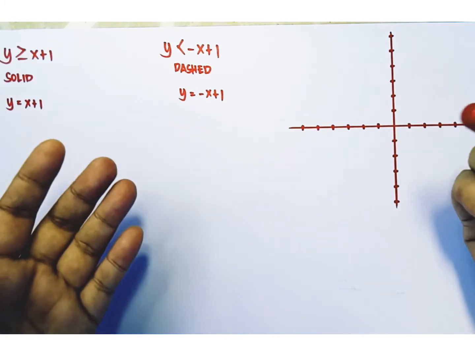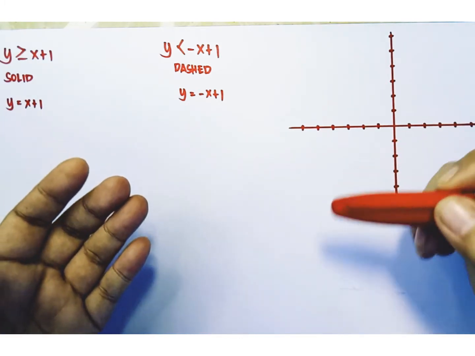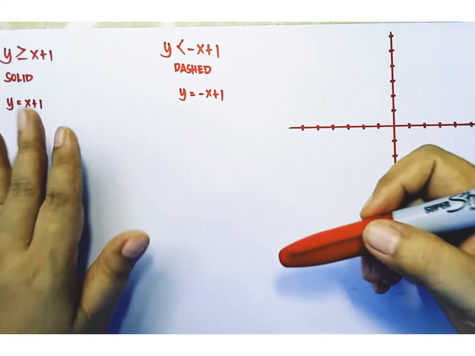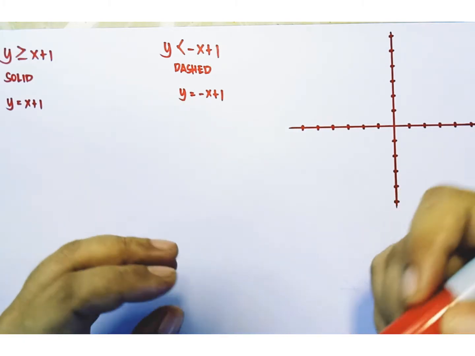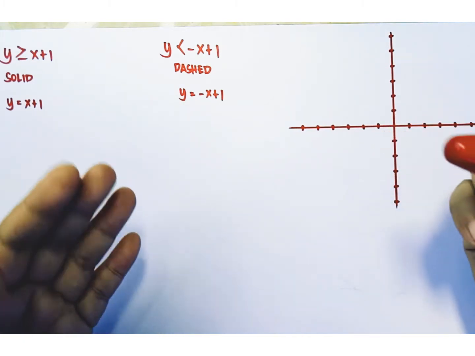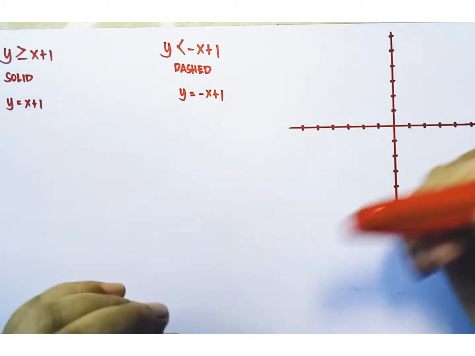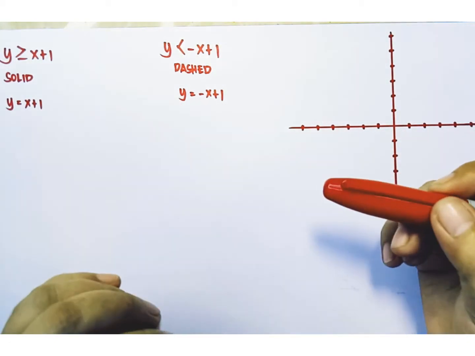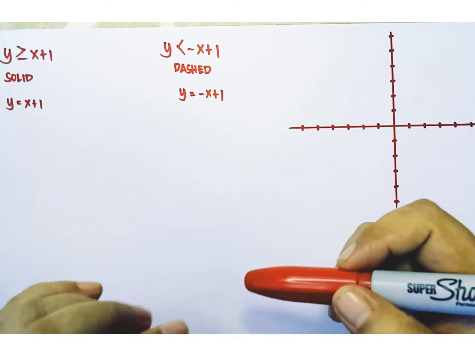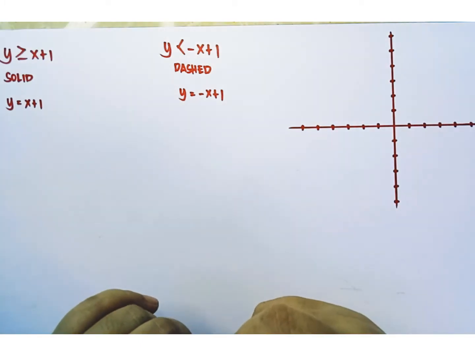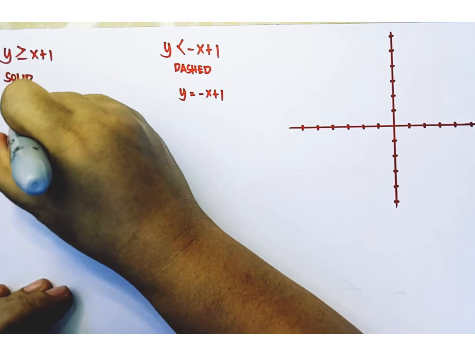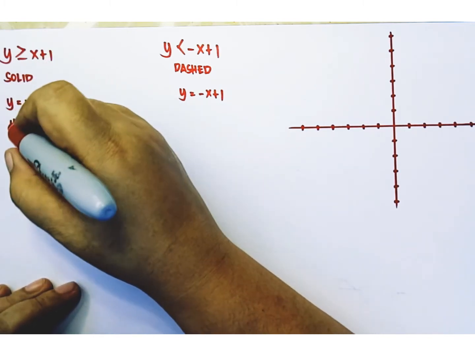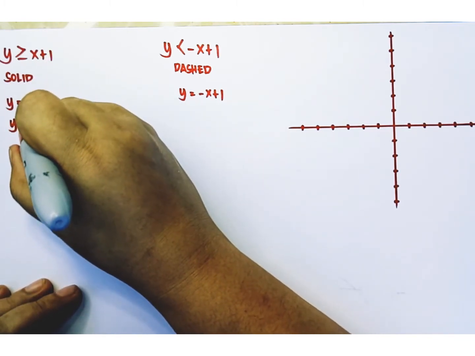Another way is by solving the x-intercept and the y-intercept of the equation, plot the intercepts, and sketch a line passing through the intercepts. Okay? In this video, we're going to use the slope and the y-intercept. Let's identify the value of the slope and the y-intercept.